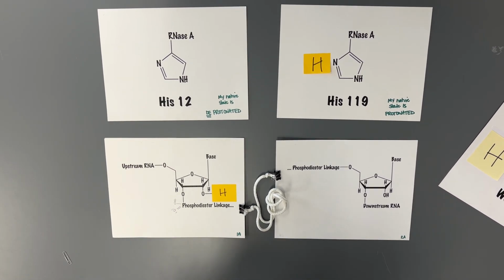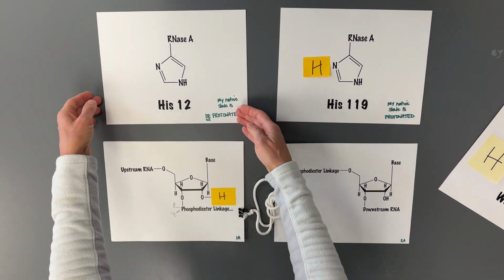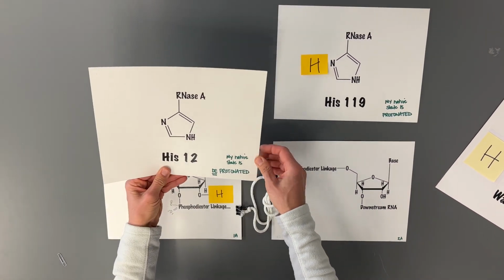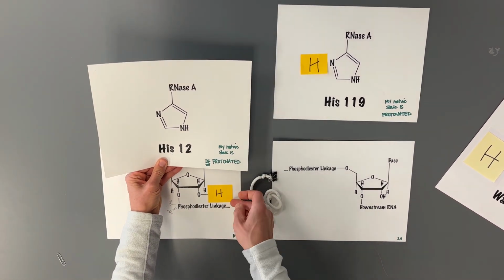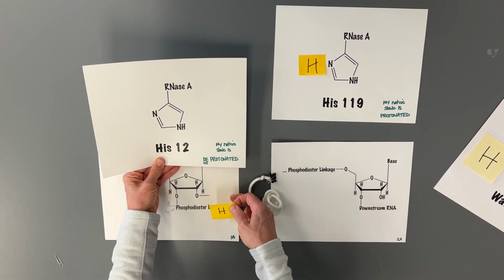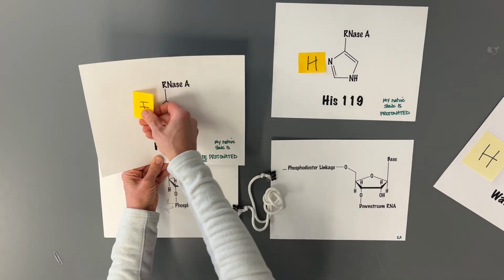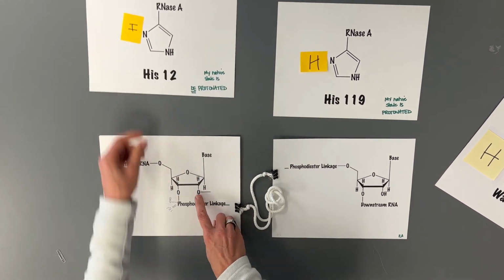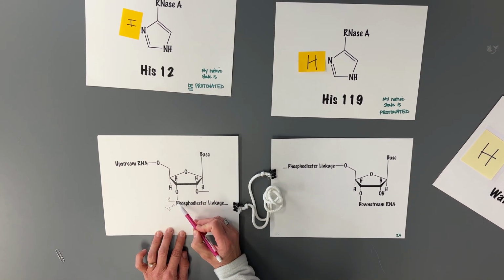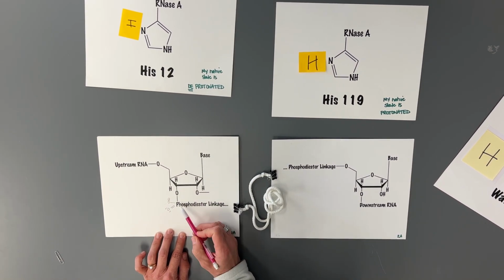Okay, so first, histidine 12 acts as a general base, serving to deprotonate the 2' hydroxyl of our substrate RNA. That increases its nucleophilicity towards attack on the electrophilic phosphorus of the phosphodiester bond.